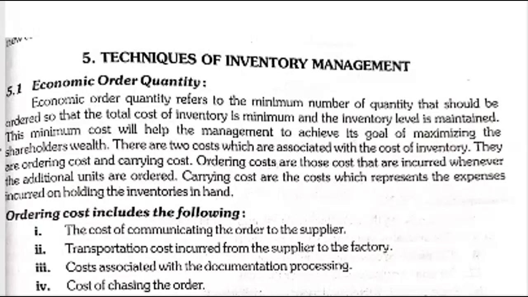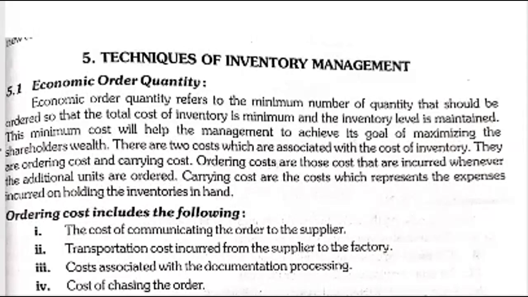Now the question arises, what are the costs which are associated with EOQ? What are the costs which are incurred and which are related to EOQ? These two costs are ordering cost and carrying cost. What is ordering cost? Ordering cost is the cost which is incurred whenever units are ordered.